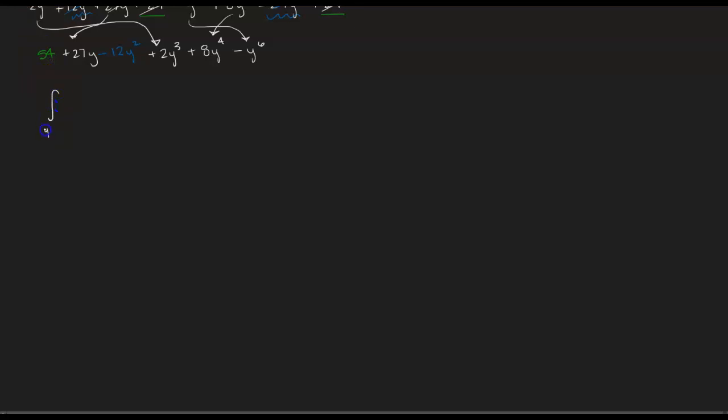Y was allowed to go from -2 up to +3, and we're integrating that 54 plus 27y minus 12y squared plus 2y cubed plus 8y to the 4th minus y to the 6th. And luckily this is just a polynomial, so it's not going to be too bad. However, there are fractions involved, folks. Don't be afraid.